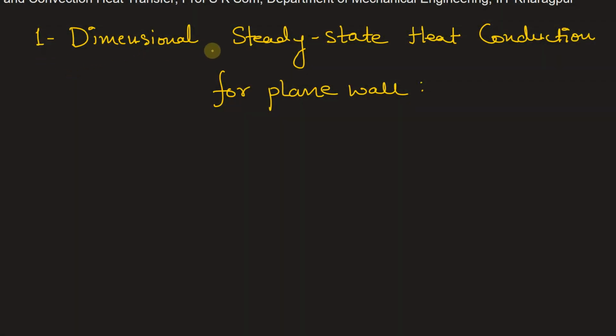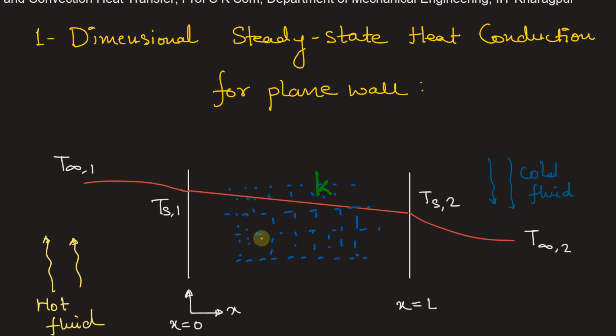So we are given that it is a one-dimensional steady state heat conduction. Let's understand one-dimensional steady state heat conduction for the plane wall. In this diagram, T infinity is the free stream temperature at the extreme of this wall, or I can say the extreme of the slab, and at the beginning, that is the coordinate x equal to 0, the surface temperature right here is Ts1.